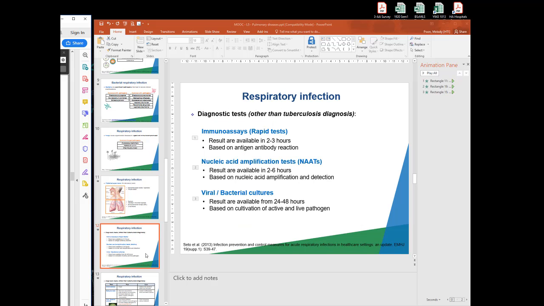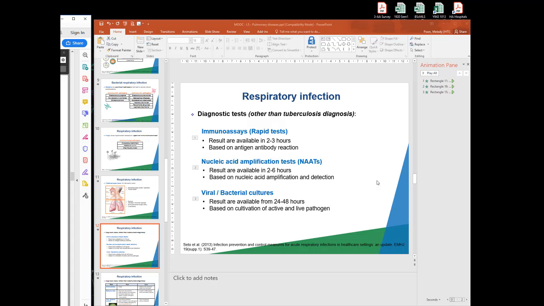There are different diagnostic tests for respiratory infection. Immunoassays are usually rapid tests that can give you results within 2 to 3 hours. They are based on antigen-antibody reactions to check your immune responses towards a particular pathogen.